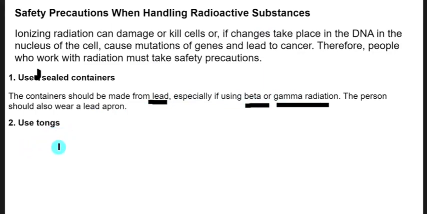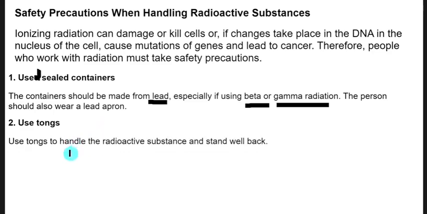Instead of holding directly, you use tongs, like big fork, spoon, long ones, so that radiation is far from you. So use tongs to handle the radioactive substance and stand well back. Well back meaning at a good distance from the radioactive source.